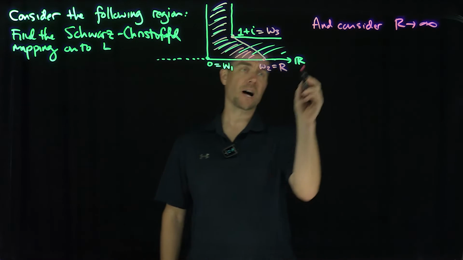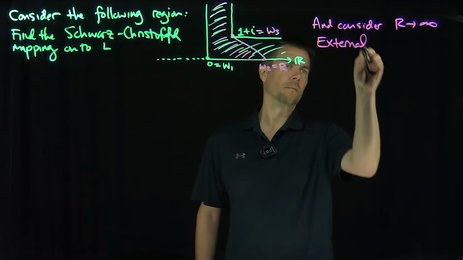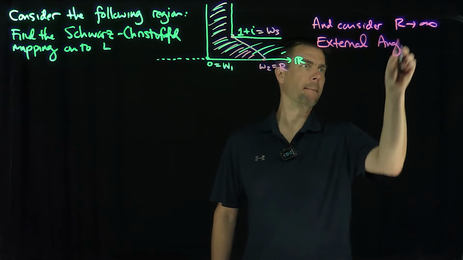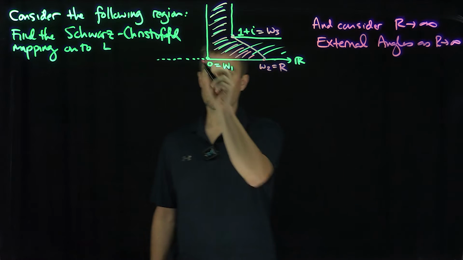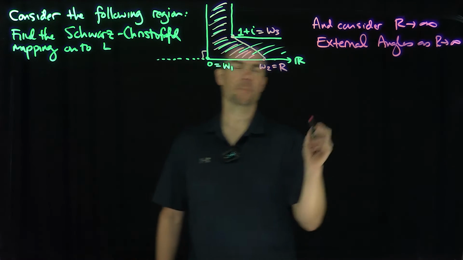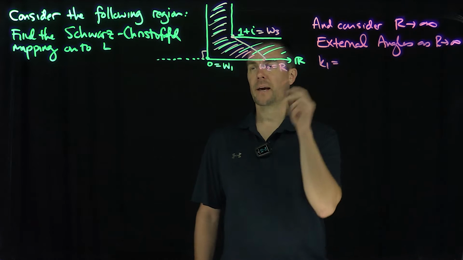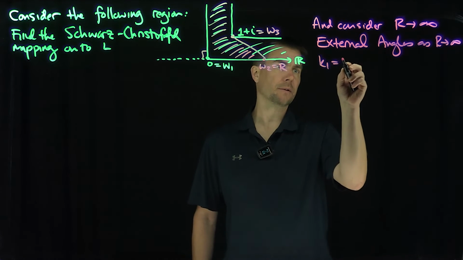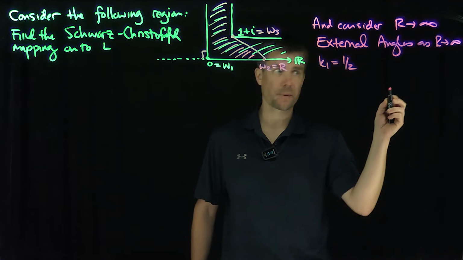Let's look at the external angles now. The external angles, as of course R goes to infinity, are going to be what? Well, the external angle over here at W1, so my K1 is just going to be equal to 1/2, because the external angle is pi over 2.